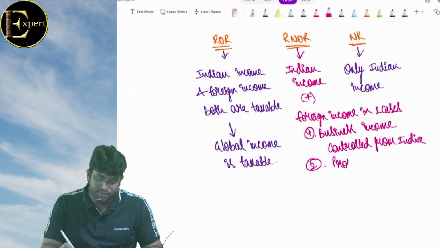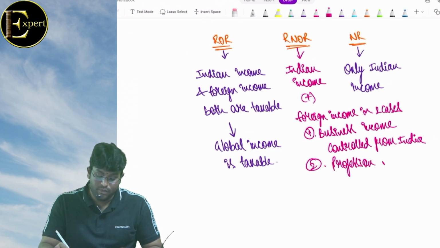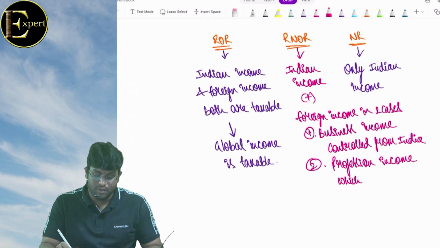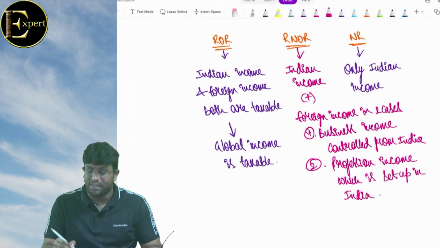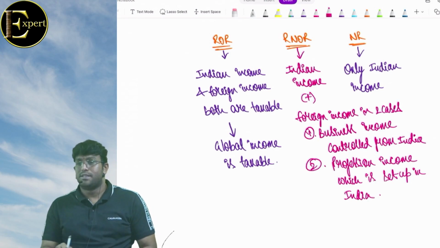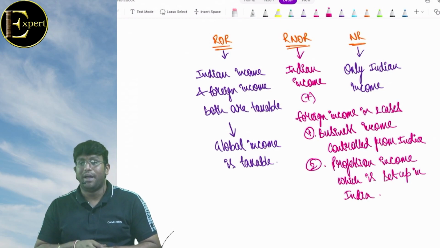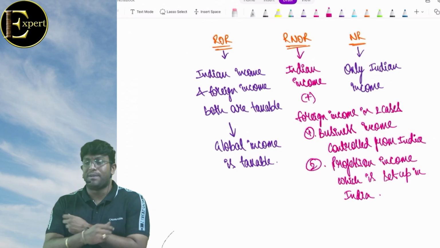Number two, profession income which is set up in India. और set up in India मतलब having an office in India. Set up in India का मतलब क्या है? Having an office in India. सर ये तीनों में common point क्या है?